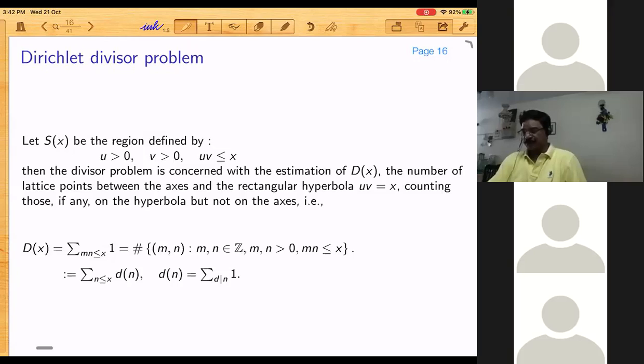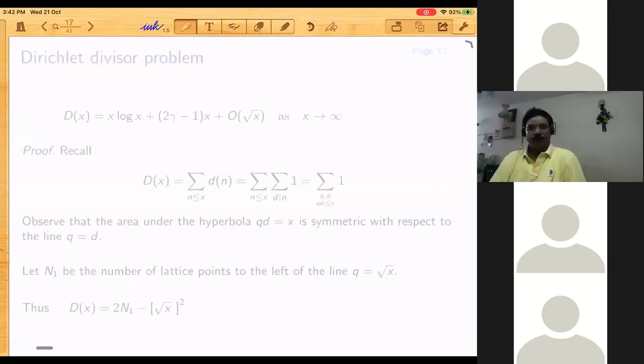That means D(x) is nothing but the summation over mn less than or equal to x, which can also be written as the summation over n less than or equal to x of d(n), where d(n) is the divisor function. So how does one go about counting these lattice points?